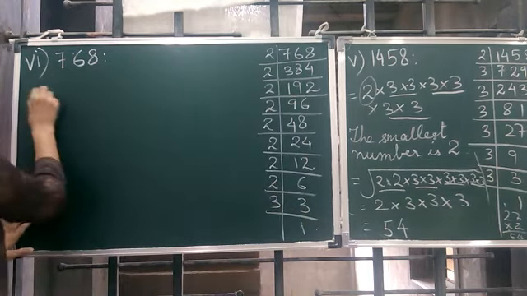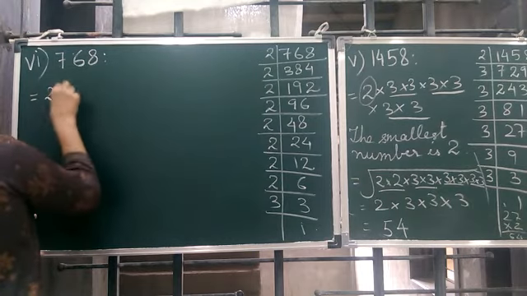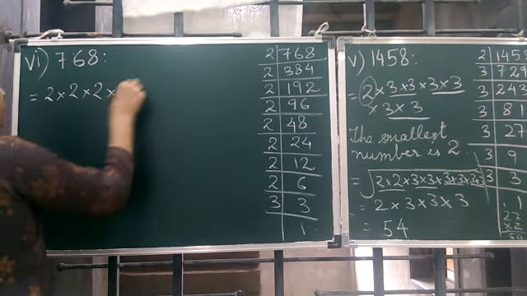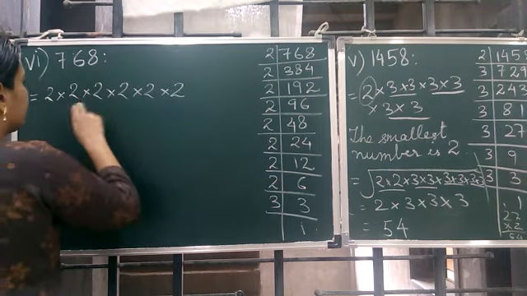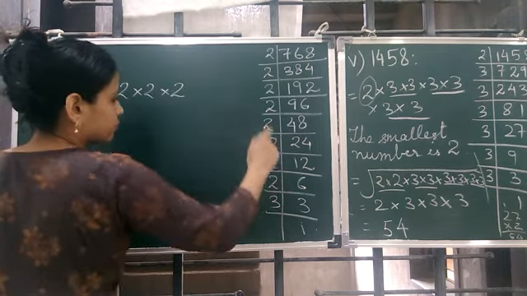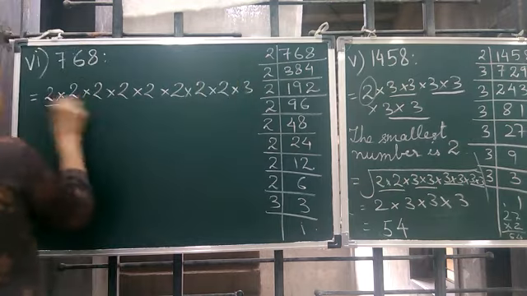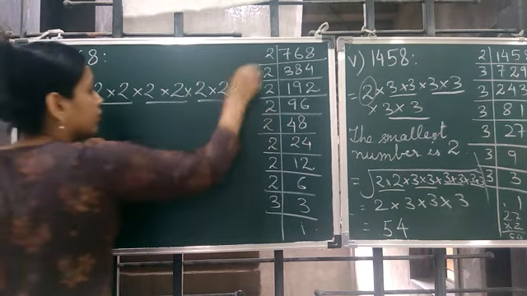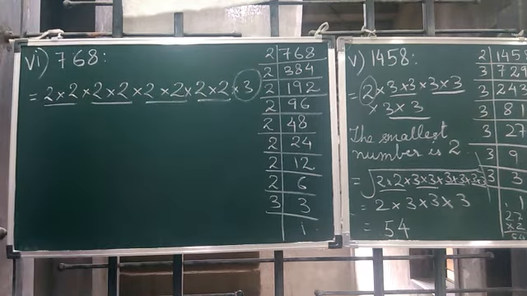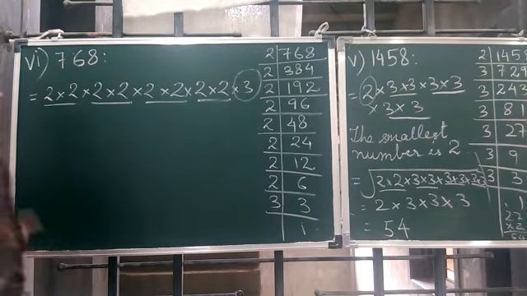Let's write the pairs. So when we make the pairs, who is alone? 3. That means we need one more 3. So the smallest whole number that we need is 3.